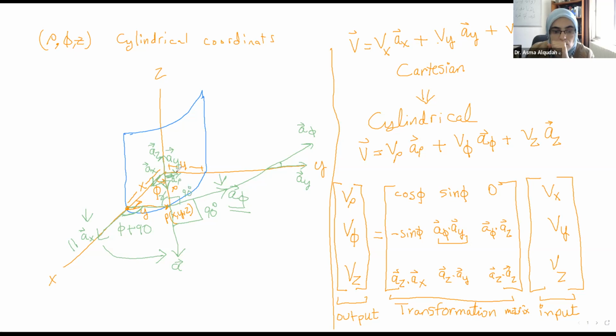These two, phi and gamma, are equal to 90, and this is gamma and this is phi. So this is phi. Again, let me remove some of the clutter here.